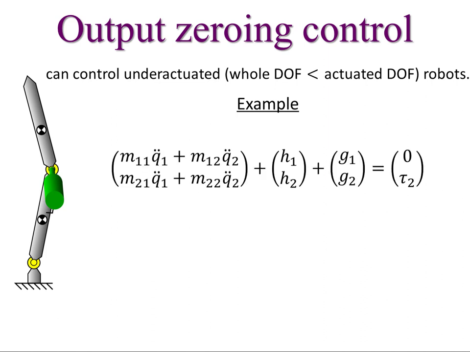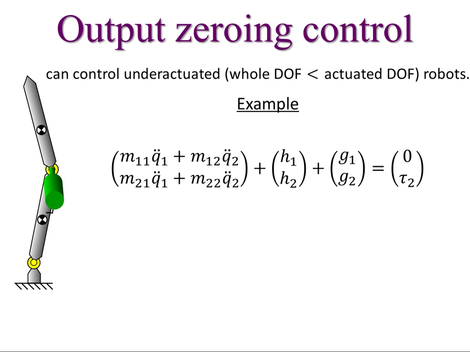The motion equation of such a robot can be expressed in this way, where M11, M12, M21, and M22 are each element of the inertia matrix of the robot. H1 and H2 are each element of the centrifugal Coriolis term, and G1 and G2 are each element of the gravity term, and tau2 is the torque of the actuator attached to the second joint.